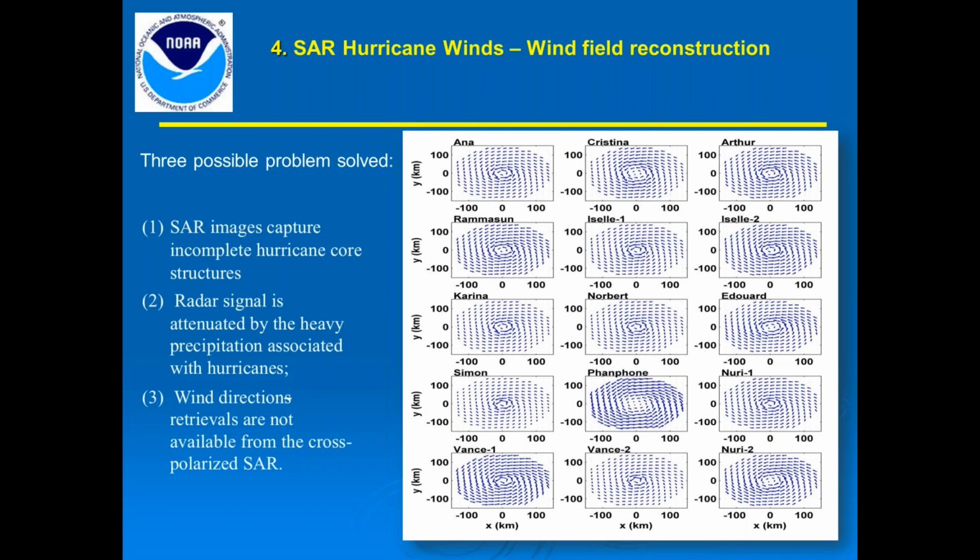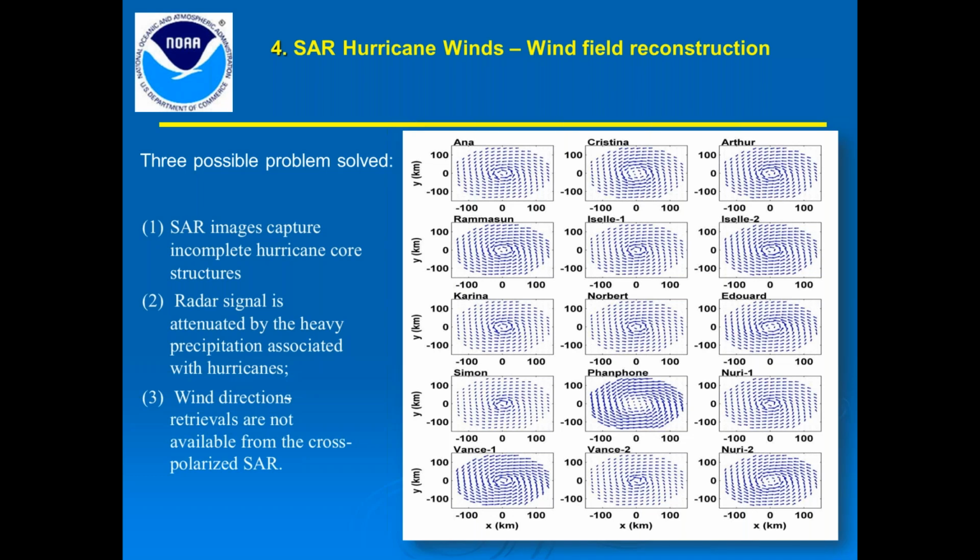So for this cross-pole hurricane wind study, we have demonstrated that we can solve those 3 issues. We can capture the hurricane structure, capture the hurricane wind in terms of both amplitude and direction, and present a very high resolution SAR wind field within the hurricane system.